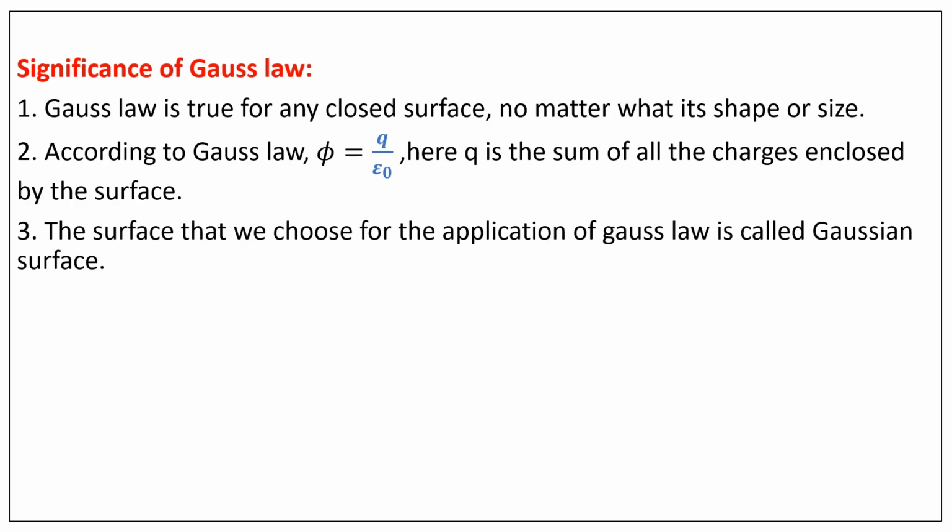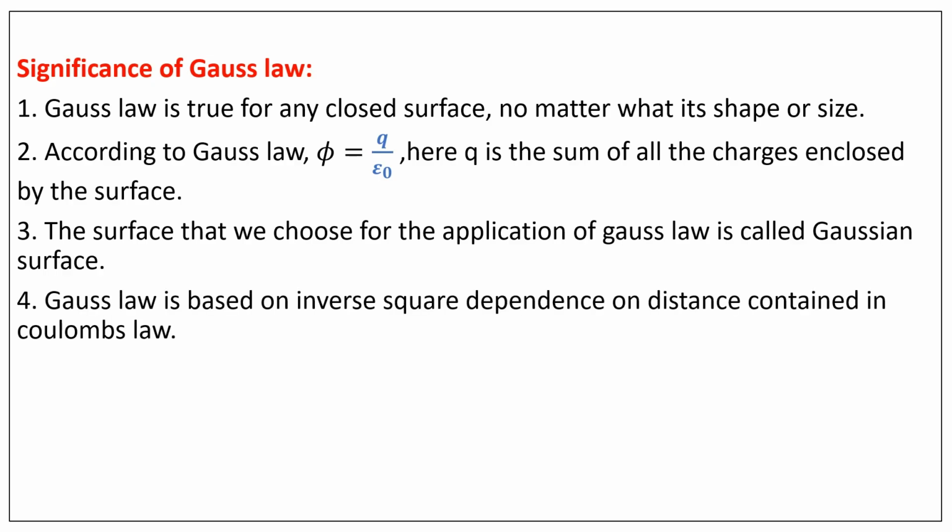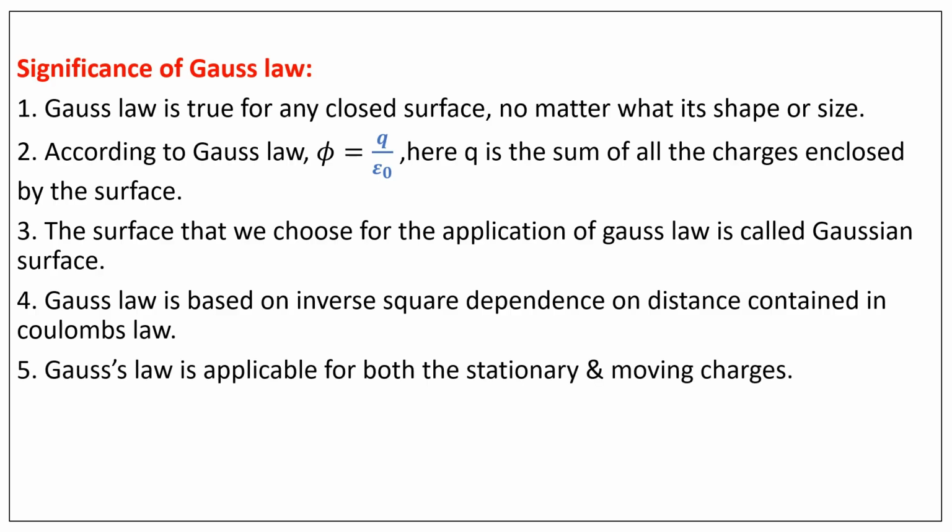The surface that we choose for the application of Gauss's law is called Gaussian surface. 4. Gauss's law is based on inverse square dependence on distance contained in Coulomb's law. 5. Gauss's law is applicable for both the stationary and moving charges. 6. Gauss's law is based on inverse square law.